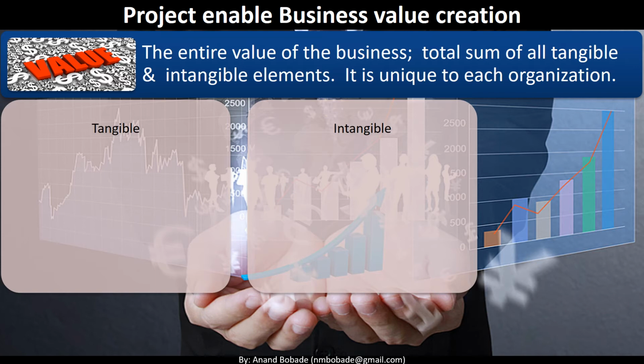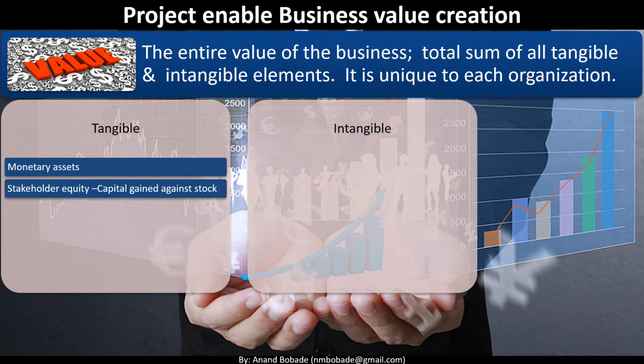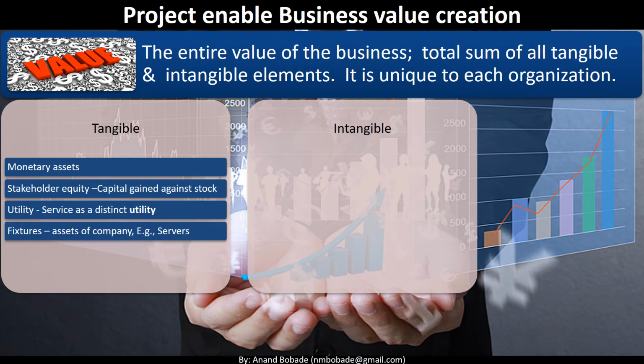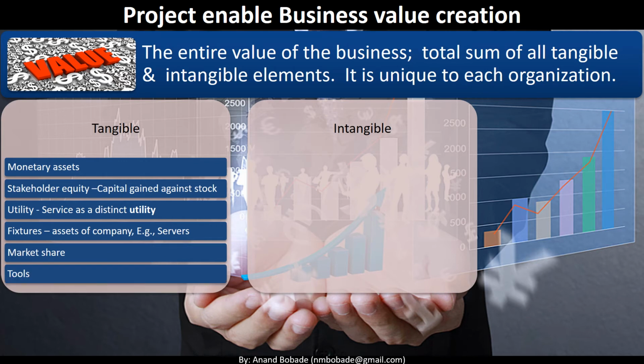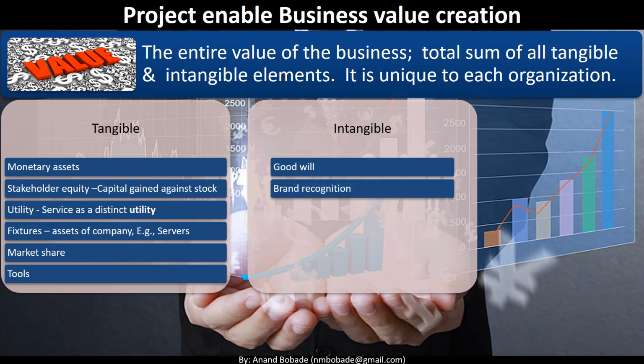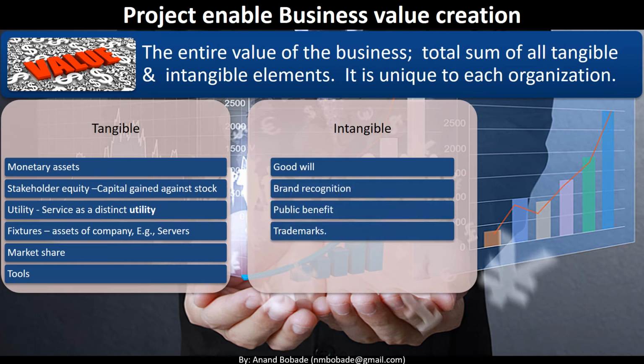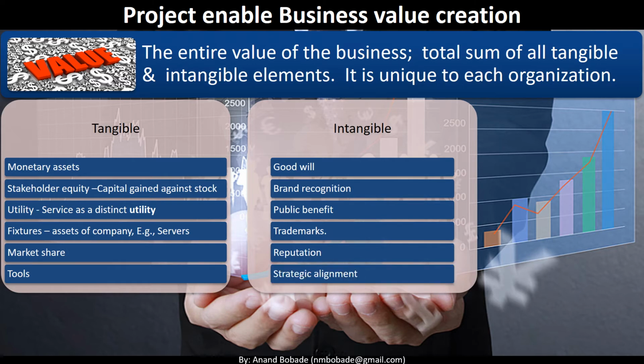An organization's tangible elements may include monetary assets, stakeholder equity, meaning capital gained against company stock, utility, service as a distinct utility, fixtures, assets of a company, for example servers, market share, and tools. Intangible elements include goodwill, brand recognition, public benefits, trademarks, reputation, and strategic alignment.